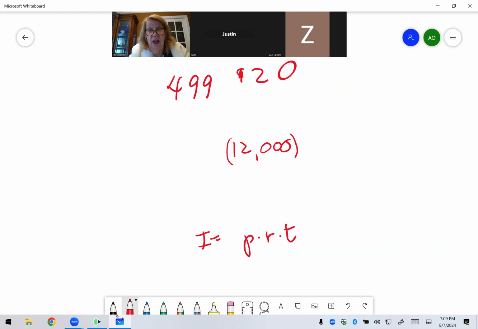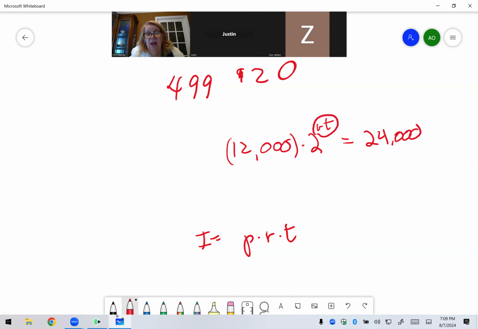We know this has to double. So that's the 2 in your formula, so we're going to put a 2 there to the rt. And that's equal to 24,000, right? Yeah.